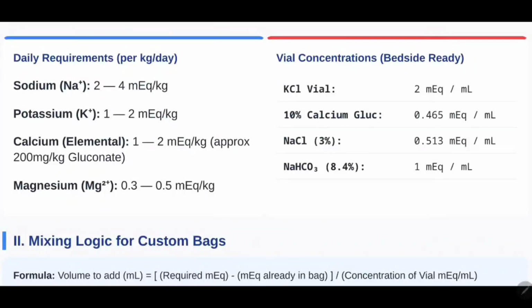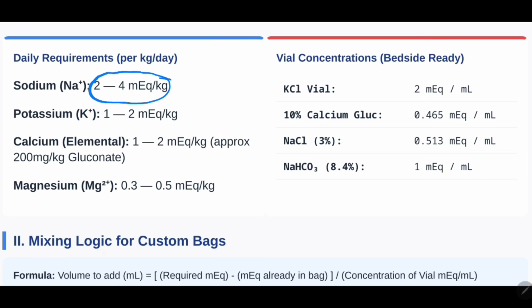Now we will discuss the daily electrolyte requirements in 24 hours. For sodium, it is about 2 to 3 milliequivalent per kg, to 2 to 4 milliequivalent per kg. Now, in the available IV fluids, what is the concentration of sodium?